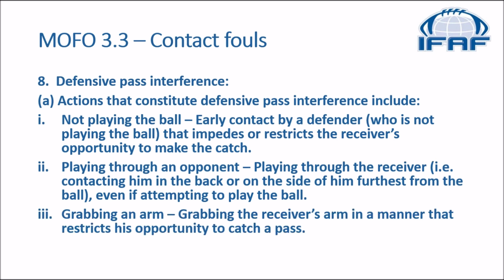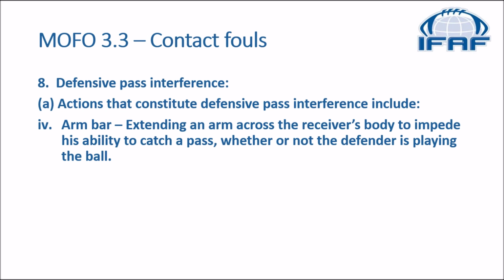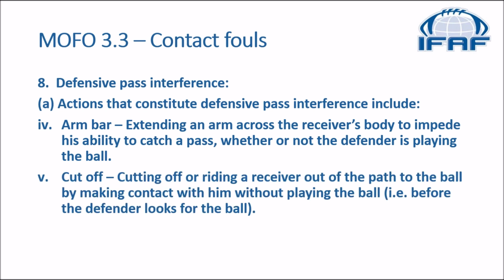3. Grabbing an arm. Grabbing the receiver's arm in a manner that restricts his opportunity to catch a pass. 4. Arm bar. Extending an arm across the receiver's body to impede his ability to catch a pass, whether or not the defender is playing the ball. 5. Cut off.